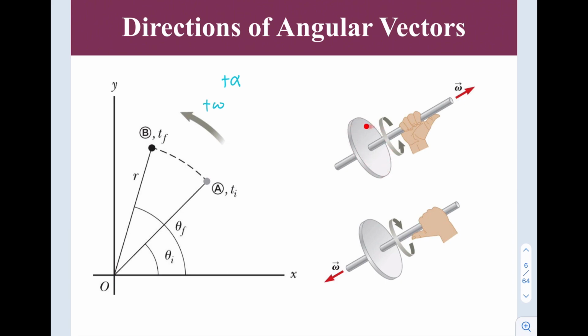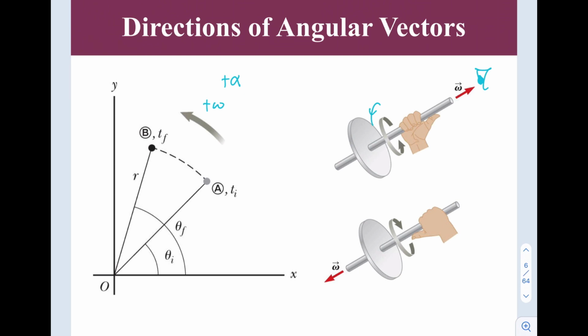So if we are referring to the rotating axis here, if the object is moving, and our point of view is here, we are going to see that it's counterclockwise, isn't it?